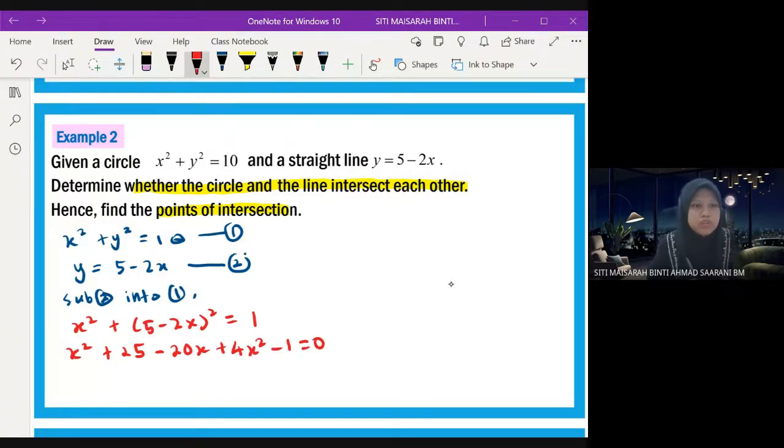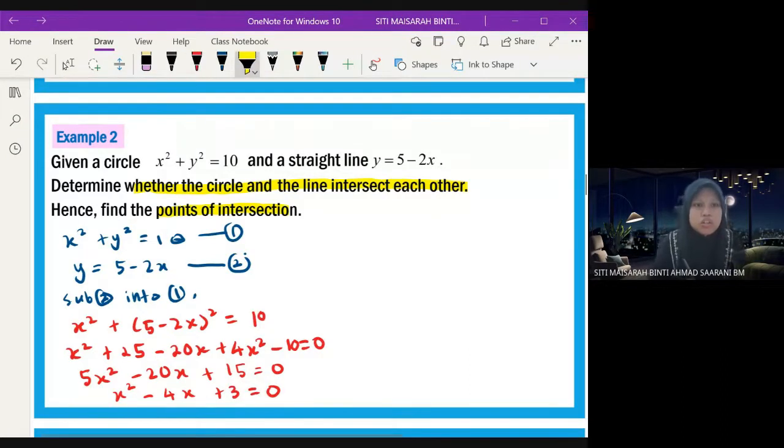So then we simplify, we get 5x square minus 20x plus 15. Minus 10, sorry. This is 10. Minus 10, this is plus 15 is equal to 0. So this one it also can be simplified to x square minus 4x plus 3 is equal to 0.